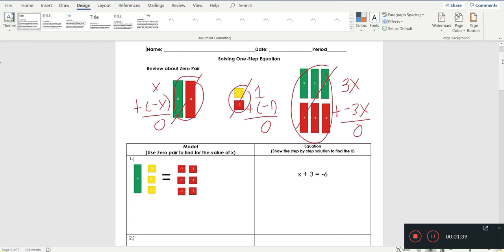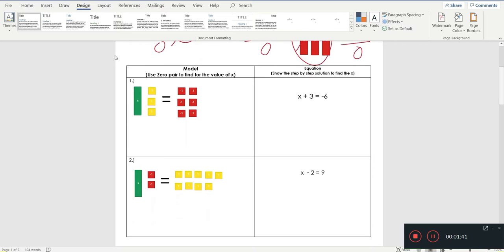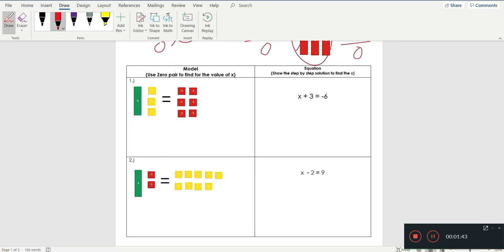So for number 1, on the left is a model for all the examples, and on the right side is the equation. We're going to isolate the variable. That's the first vocab that you need to learn: how to isolate the variable.